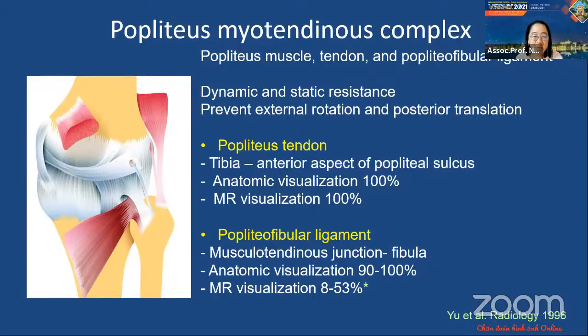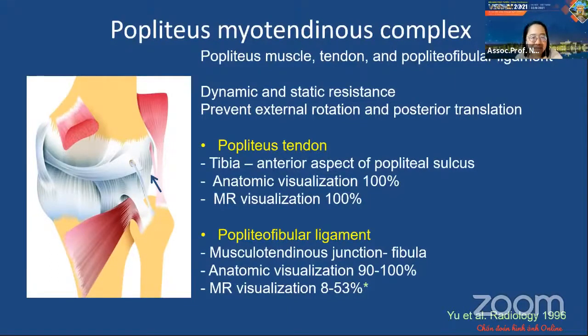The popliteus tendon starts from the tibia and goes to the anterior aspect of the popliteal sulcus, and can always be identified on anatomy and MRI. The popliteal fibular ligament starts from the myotendinous junction of the popliteus muscle and goes to the fibula. It is always identified on anatomical dissection, but unfortunately on MRI, you may be able to see it in only about half of cases.